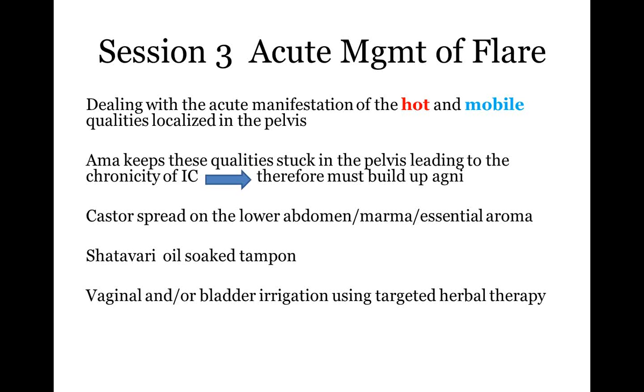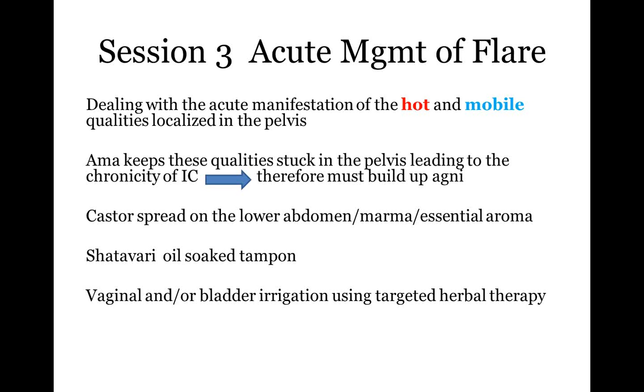In the last session, we talked about the acute management of flare. And we said that the acute manifestation of the hot and mobile qualities that are localized in the pelvis, that acceleration of these qualities produces the flare.